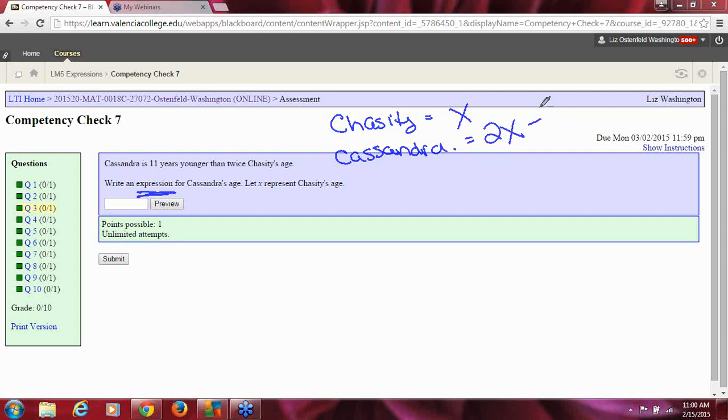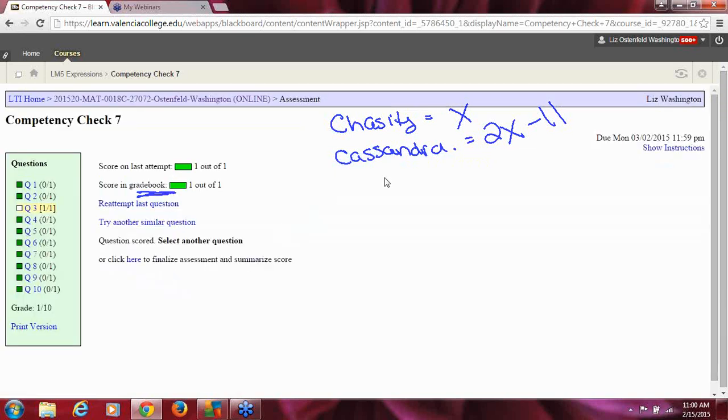And 11 years younger would be minus 11. So let me go ahead and type that in. So we get 2X minus 11. Let's see if it likes us. Very good. Alright, so that's that one.